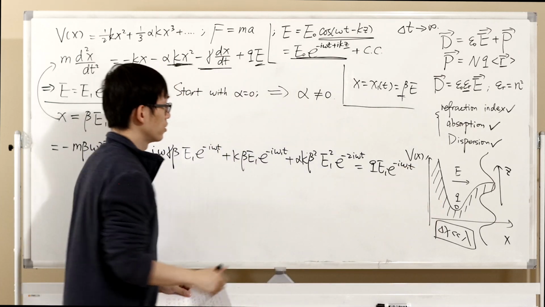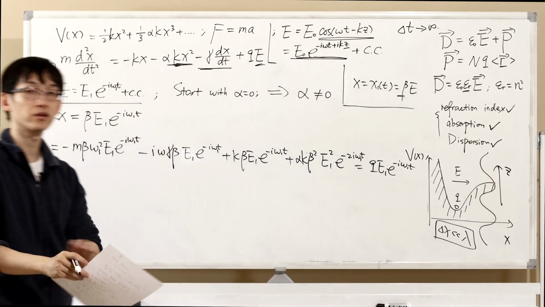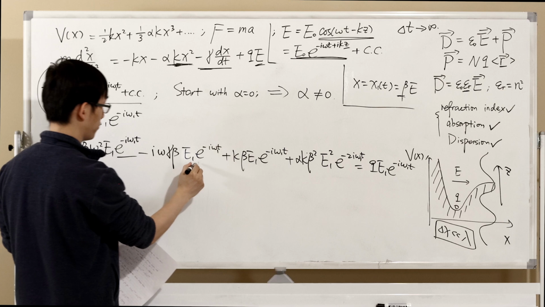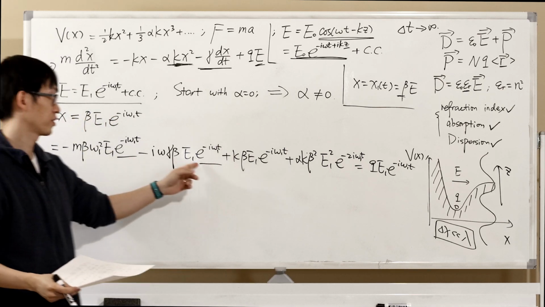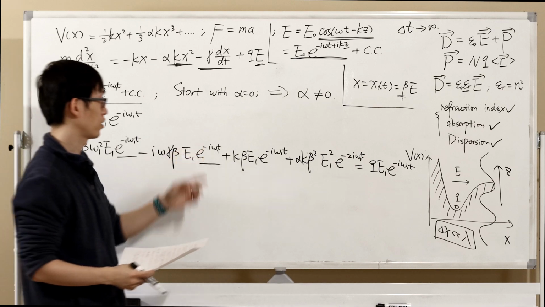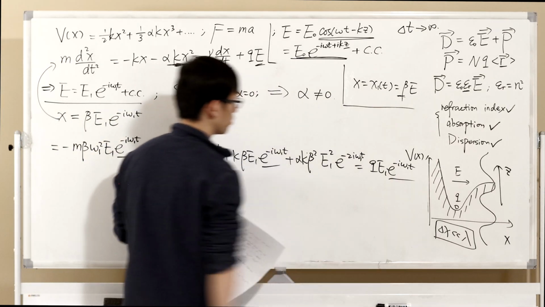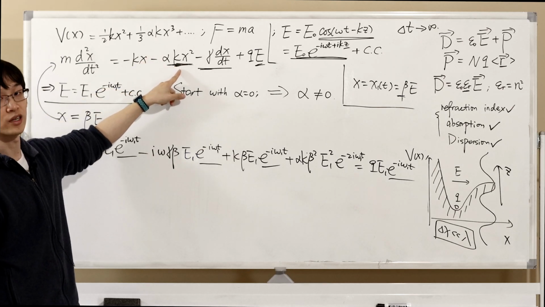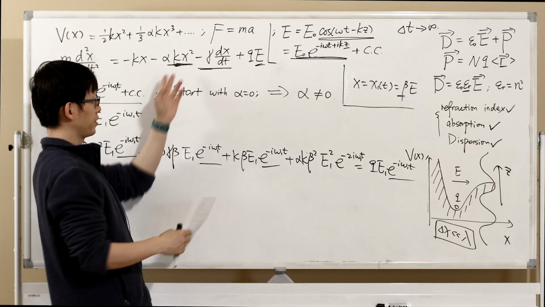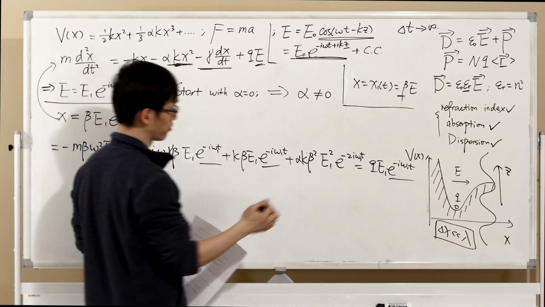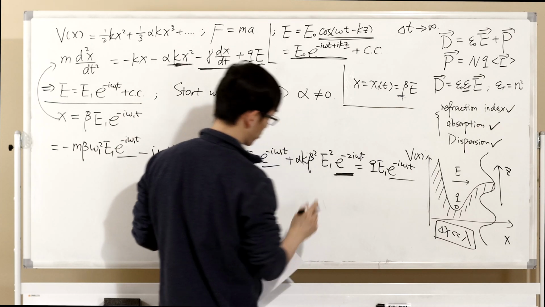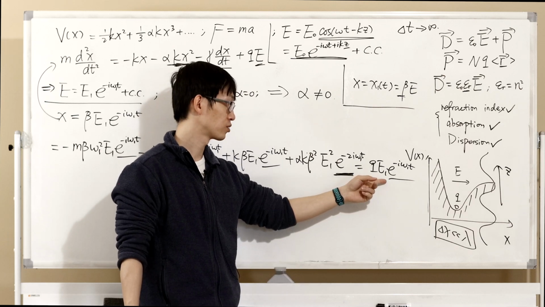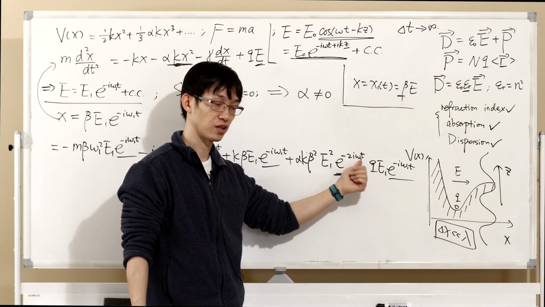Now you can see a critical difference: before, we could cancel out all the exponential terms because they're all oscillating at the same frequency, I omega 1t. But here, x squared is a nonlinear force in your equation, and this term oscillates at twice the speed of your other terms. It's 2I omega 1t.